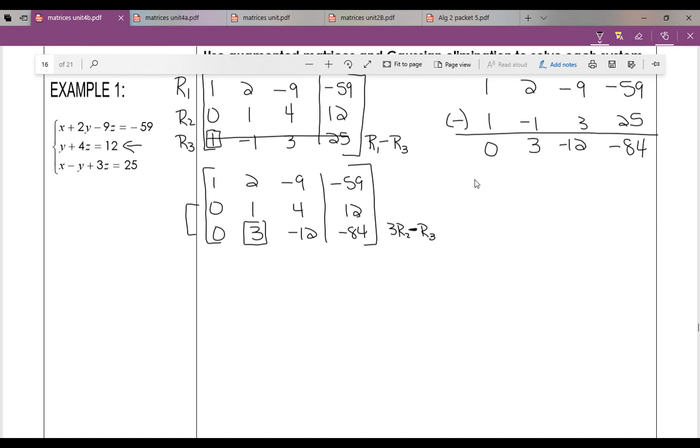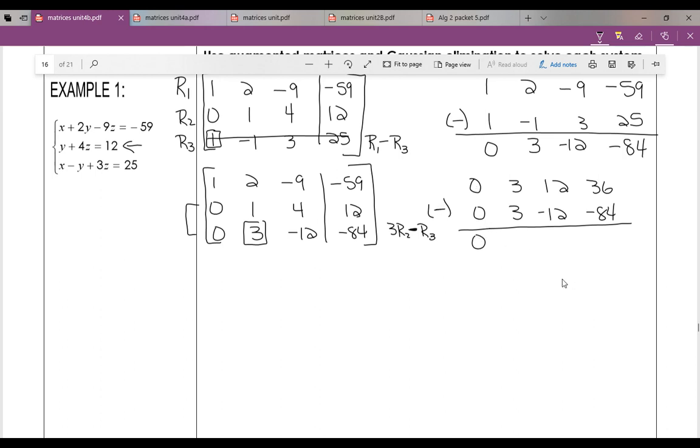Okay. So 0. 3 times 0 stays 0, which is great. Then I get 3, 12, 36. I am going to subtract the bottom row as is. So 0, 3, negative 12, and negative 84. So 0 minus 0 stays 0.